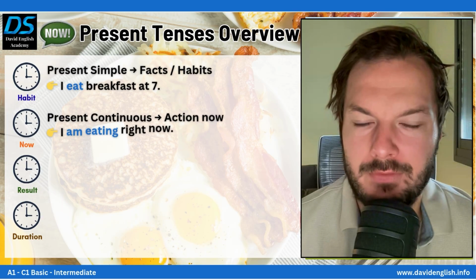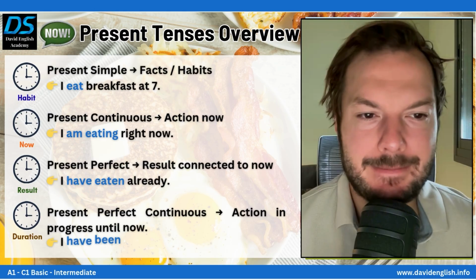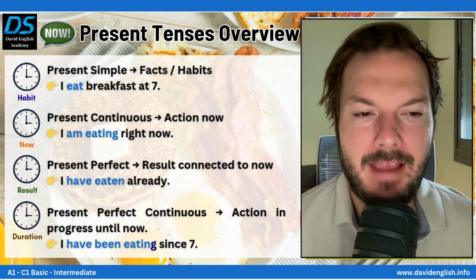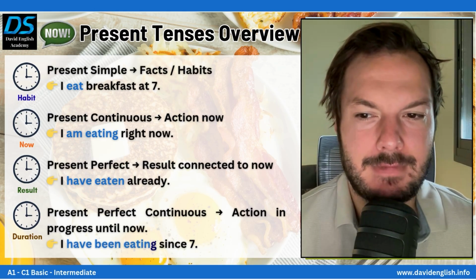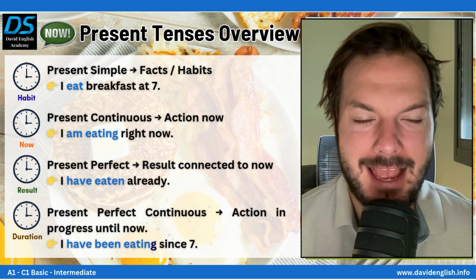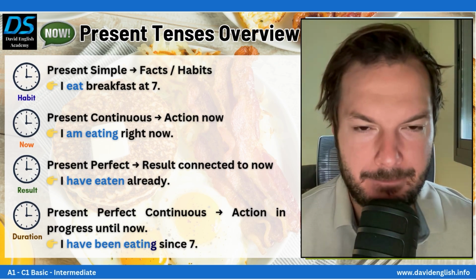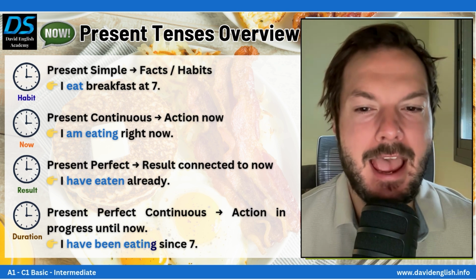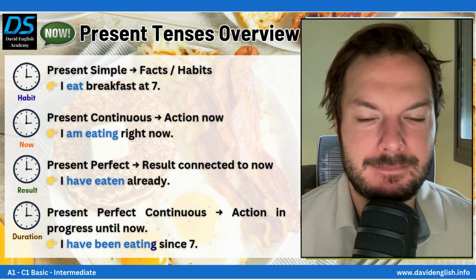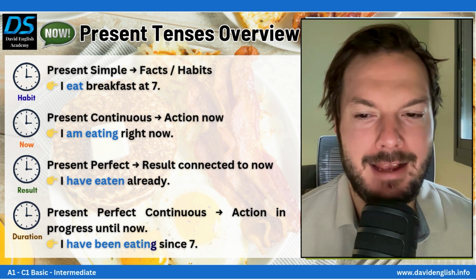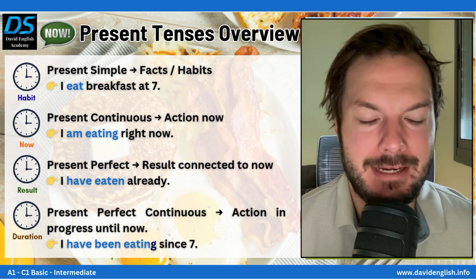Present tenses overview. Present simple. Facts and habits. I eat breakfast at 7. The present continuous, meaning that the action is happening now. The example, I am eating right now.